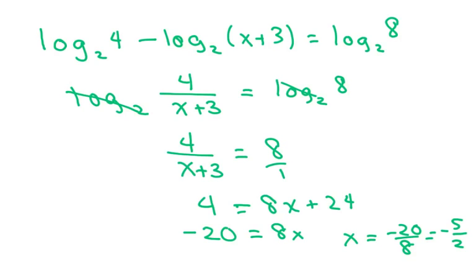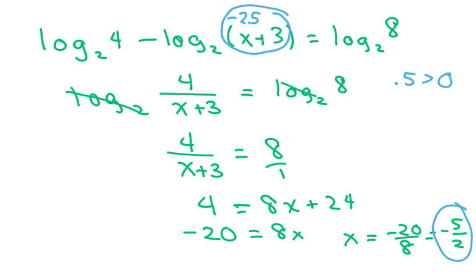Now let's go ahead and check it. We put negative 2.5 here. This quantity here is going to be 0.5, which is still greater than 0, so it is a valid solution.